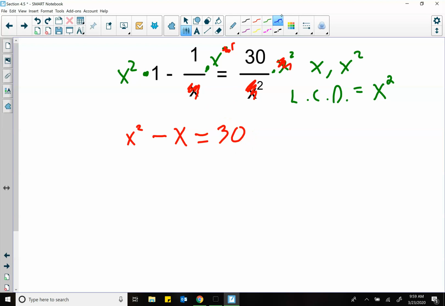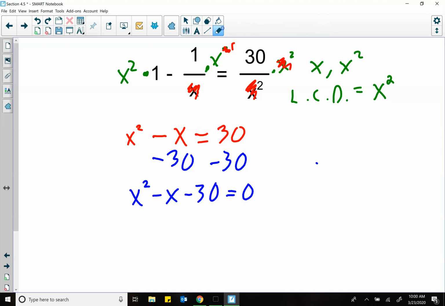So we need to fix that. Because again, in order to solve using factoring, you have to be equal to 0. So we're going to subtract 30, and that's going to give us x squared minus x minus 30 equal to 0. And now that we have this set equal to 0, we can solve.